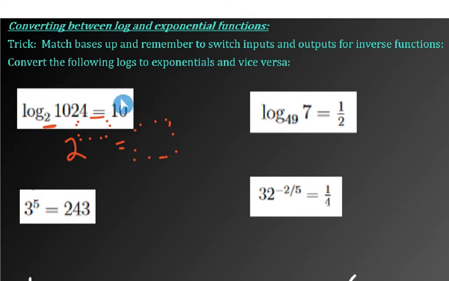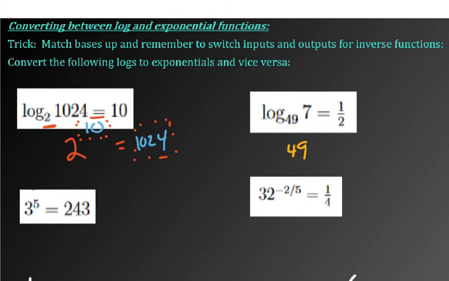So this log equals the exponent. So this is now what's going in for my exponent. And then this other part is what will go right here, 1024. And true enough, 2 to the 10th is 1,024.